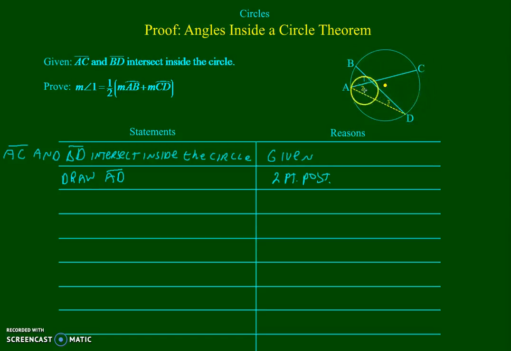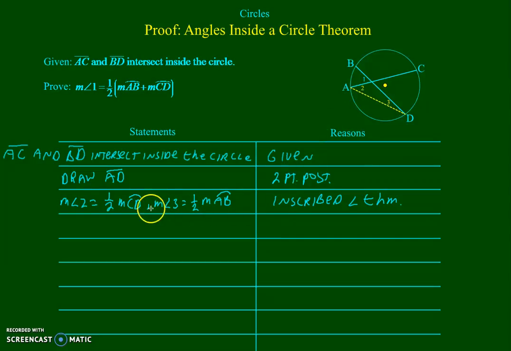So our first statement is going to be that this angle is 1/2 this arc and this angle is 1/2 this arc. We have the measure of angle 2 is 1/2 arc CD, and the measure of angle 3 is 1/2 arc AB.